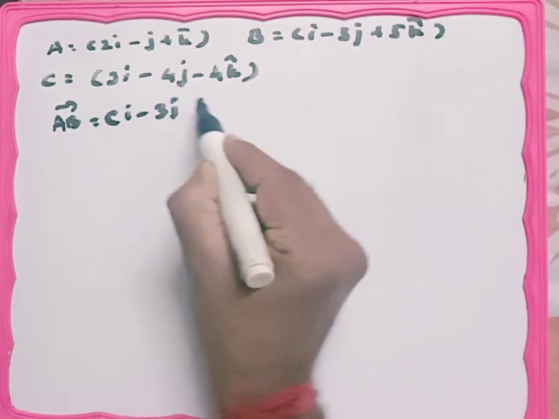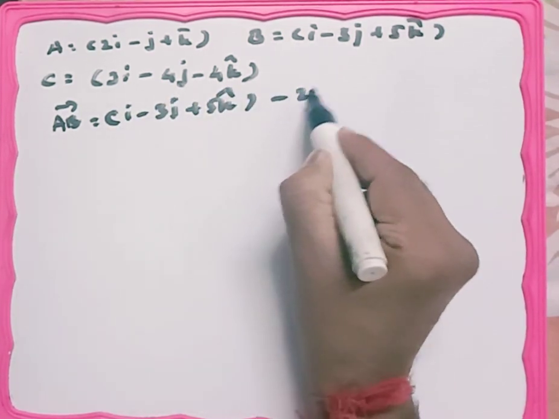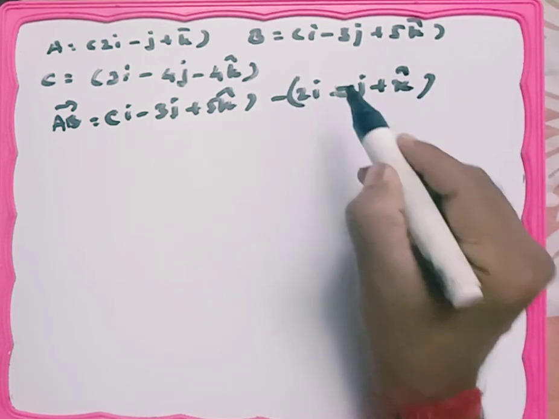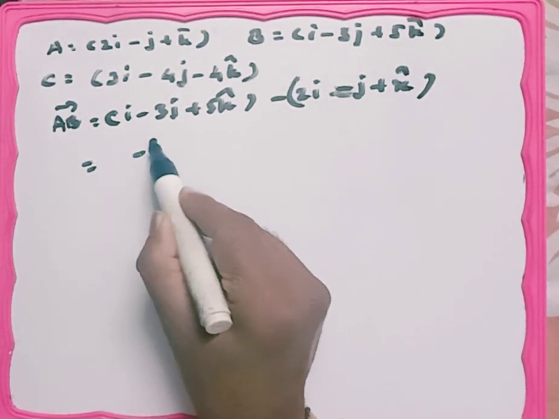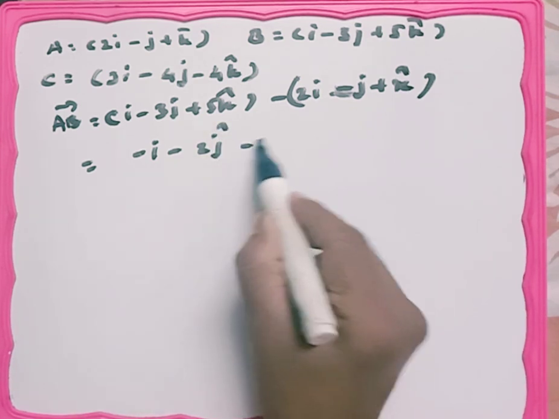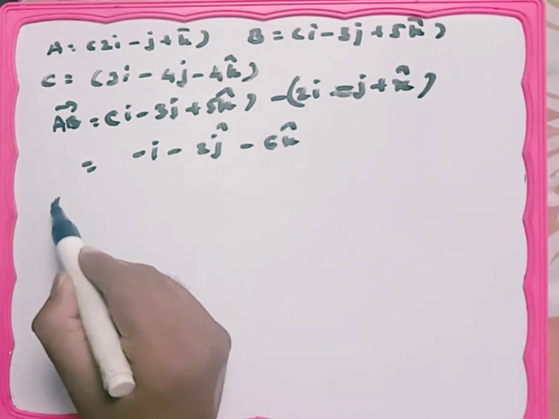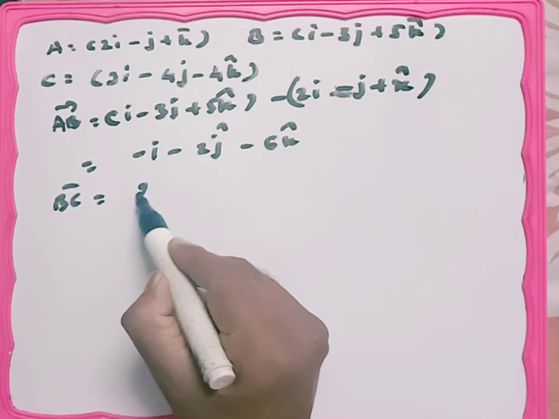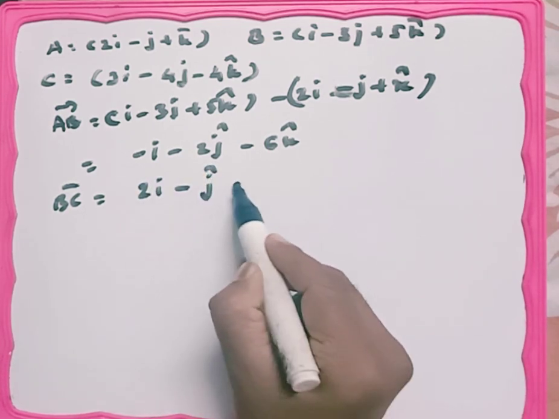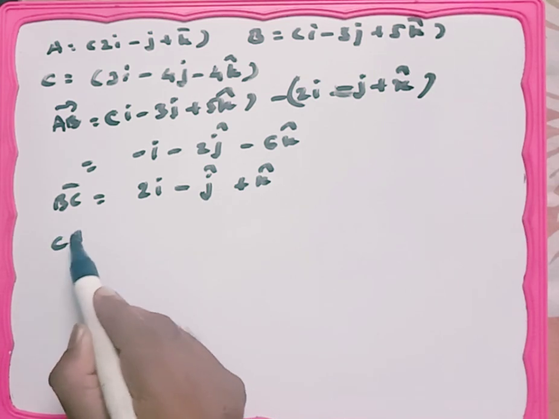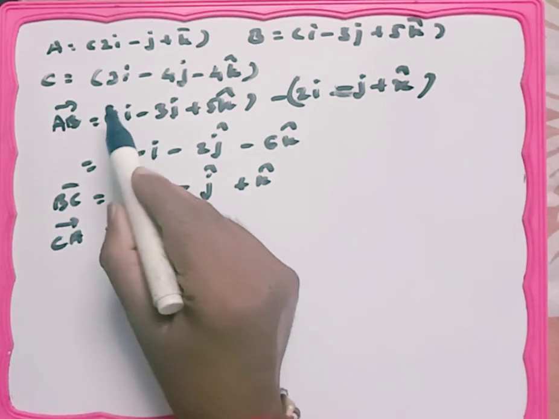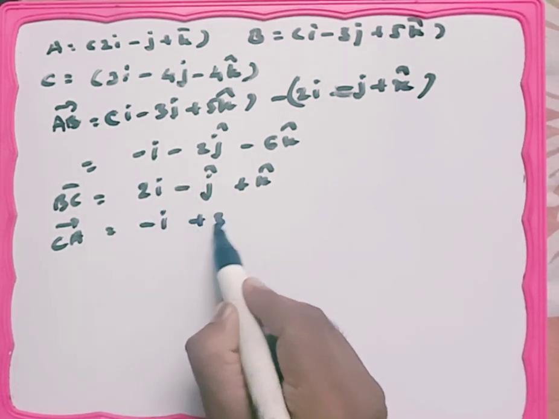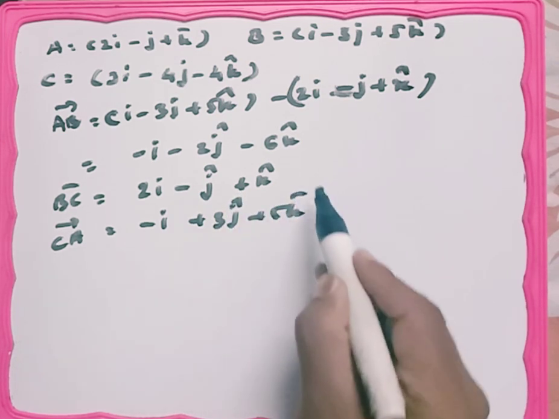So i minus 3j plus 5k minus 2i minus j plus k, and so it will be minus i minus 2j plus 4k. In the same way the BC vector we find, from C we subtract B, then we will have 2i minus j minus 9k, and the CA vector we will have from A we subtract C, then minus i plus 3j plus 5k.